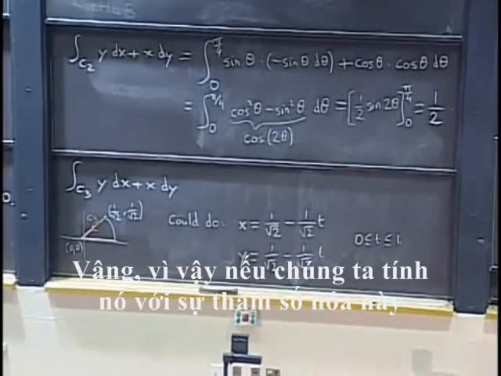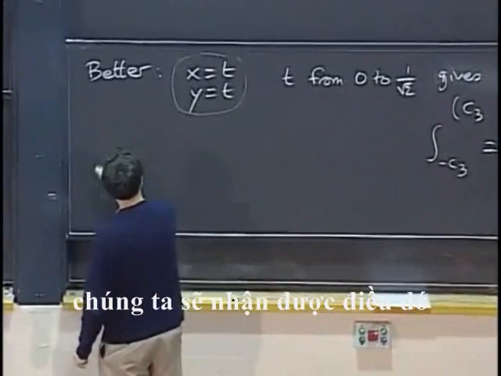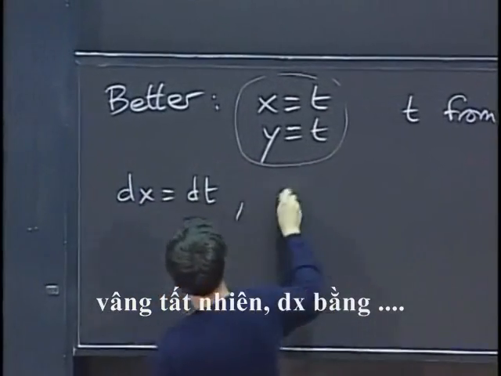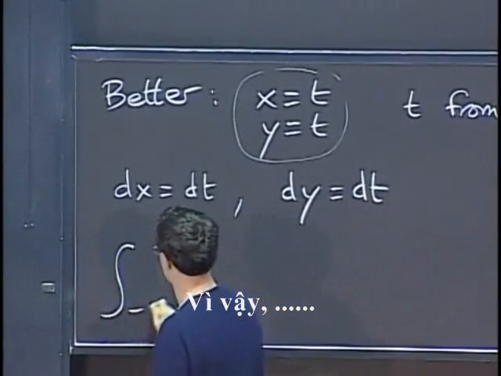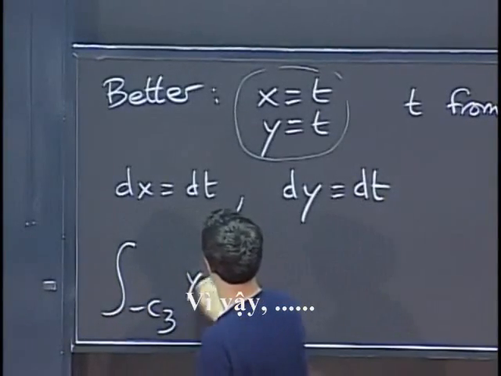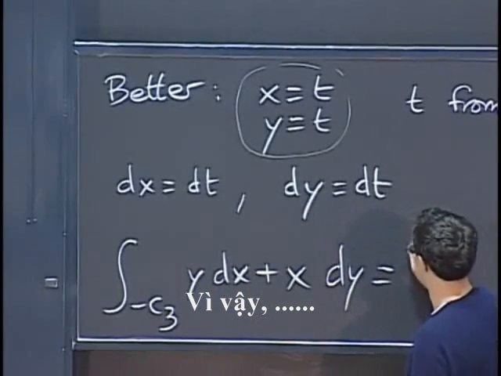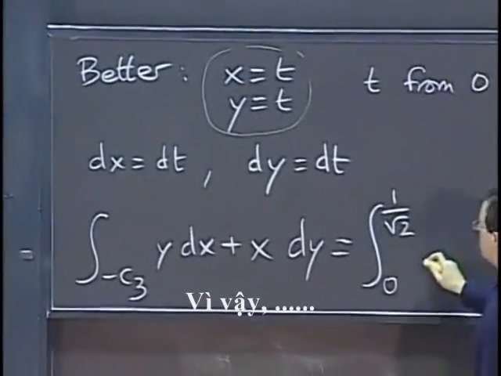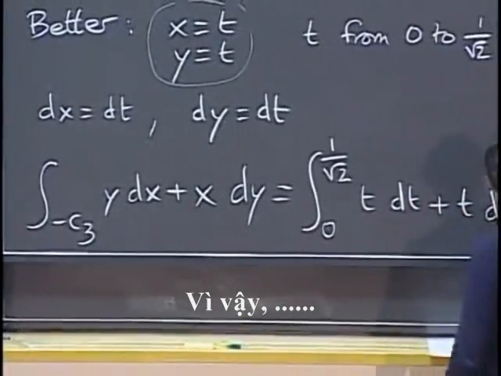Okay, so if we do it with this parameterization, of course dx is dt, dy is dt. So the integral along minus C3 of y dx plus x dy is just the integral from 0 to 1 over root 2 of t dt plus t dt.